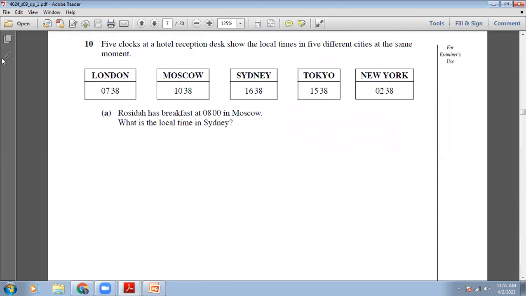You see, they are talking about Moscow and Sydney. The time of Sydney is 6 hours ahead of Moscow. So if she has breakfast at 8 o'clock in Moscow, then what will be the time in Sydney at that moment? It will be 6 hours ahead of the Moscow time. So 8:00 add 6:00.